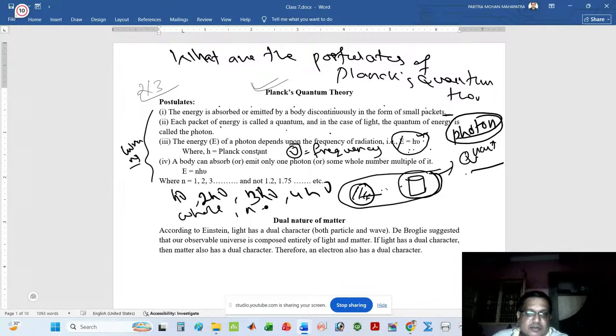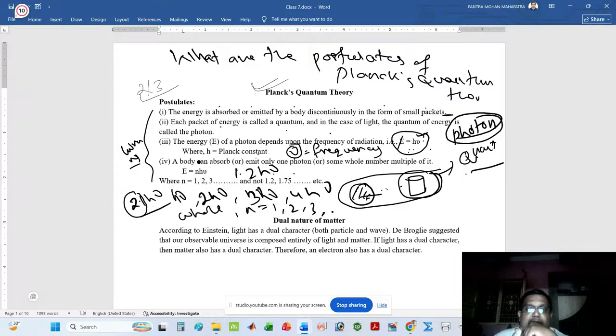Whole number means n is equal to 1, 2, 3, like this, but it cannot be multiplied with a fraction like 1.2, 1.75. That means when a body has energy 1.2 h nu, it cannot emit or absorb any energy. When a body has energy 2.1 h nu, it is a fraction value, it cannot be emitted or absorbed by anybody.